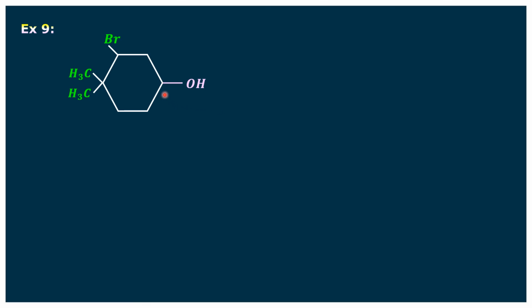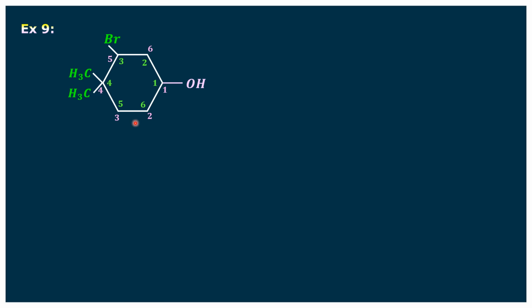So starting from this carbon atom, numbering can be done either anti-clockwise or clockwise. I am numbering the ring starting from this carbon atom in anti-clockwise direction at first, then starting from the same carbon atom in clockwise direction.